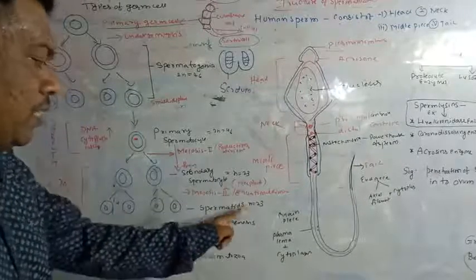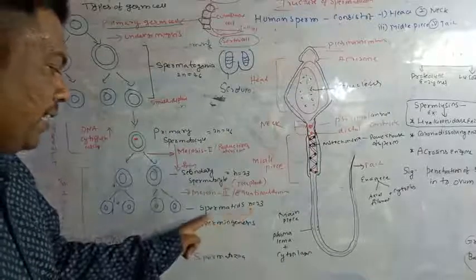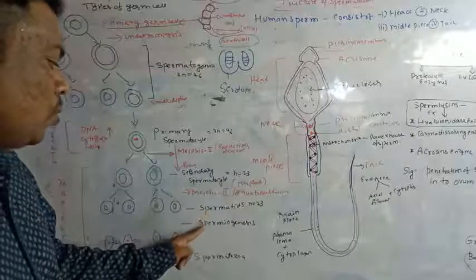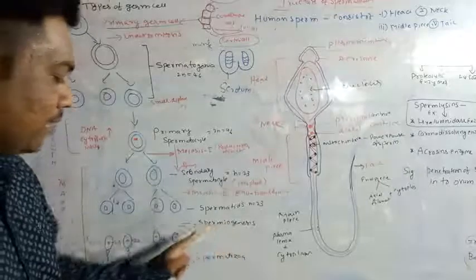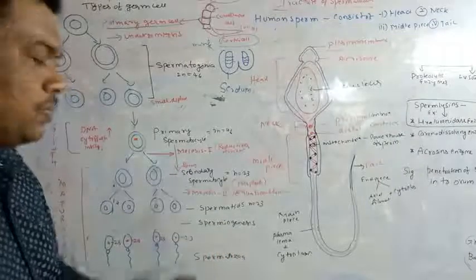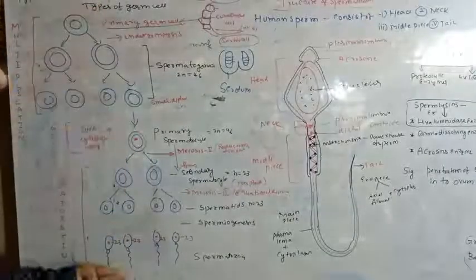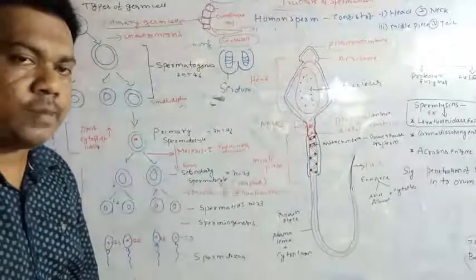These spermatids also have a haploid nature, and they undergo differentiation, also known as spermiogenesis, producing the active spermatozoa. This whole process is called spermatogenesis.